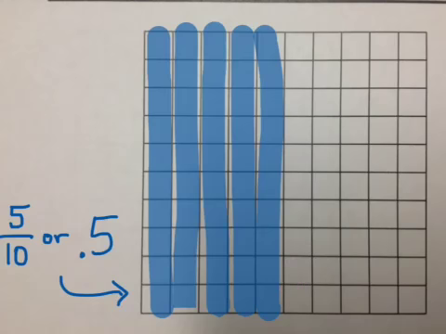And now we're going to take 6/10 of it. So get your other color that you've chosen. Mine happens to be yellow. And going the opposite direction, color in 6/10.